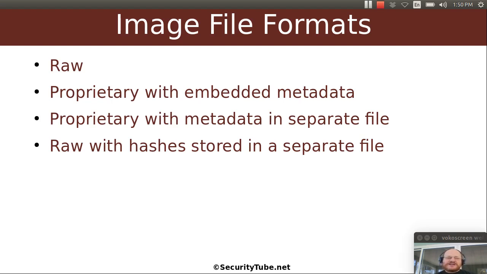You do not want to have to throw away an entire image file because of a bit flip. That's one reason. The other reason is if you recalculate the hashes as you go to verify that you haven't changed an image, it's helpful not to have to do that on the entire image. So we'll show you some tools that will do this for you.